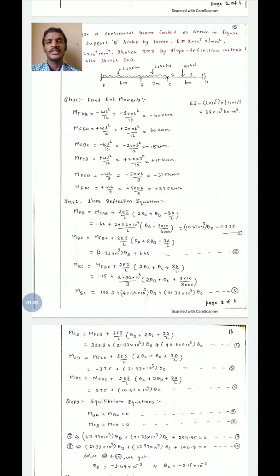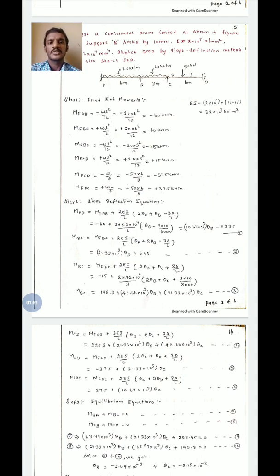Therefore, you have to convert either Young's modulus and moment of inertia into kilonewton meter, or the load value is considered as mm Newton. It is easy to convert Young's modulus and moment of inertia into kilonewton meter square.